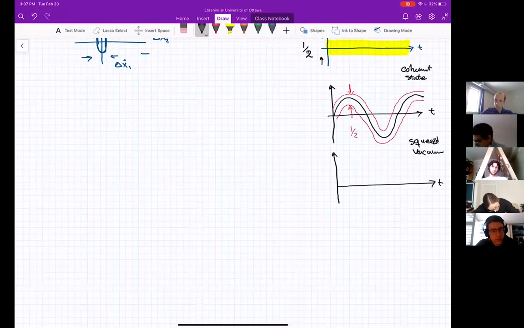Previously, vacuum was like this, and now what do you expect? Again, that range will have oscillation, but sometimes this oscillation has a minimum amplitude. So it goes slightly like that.